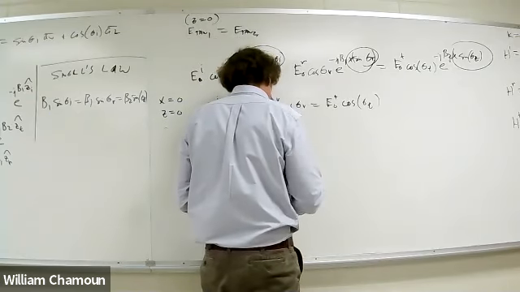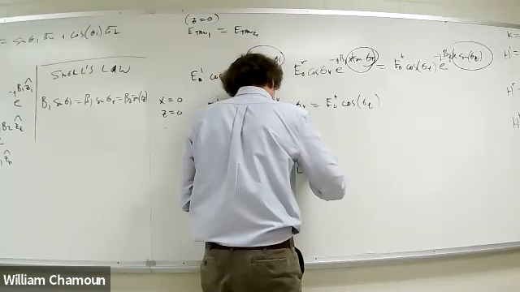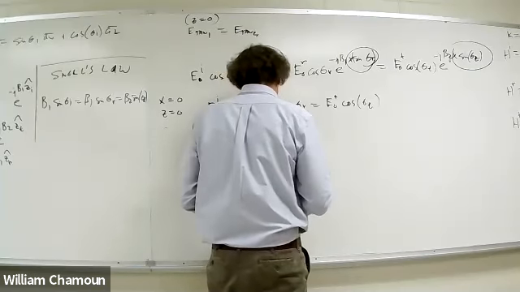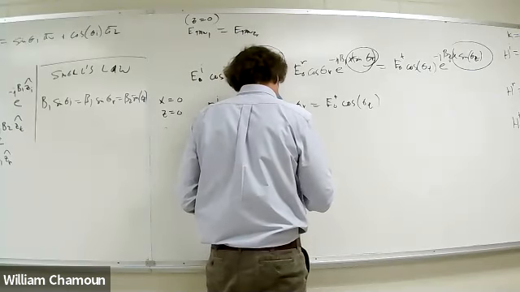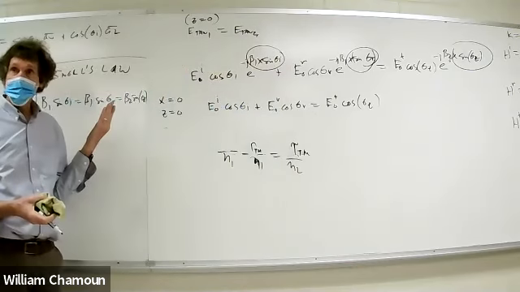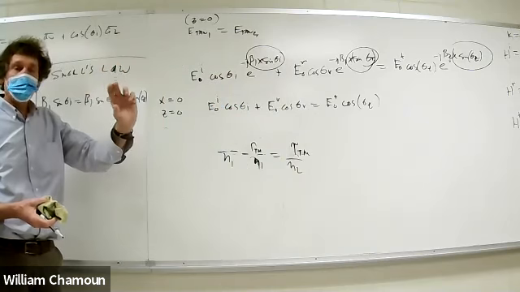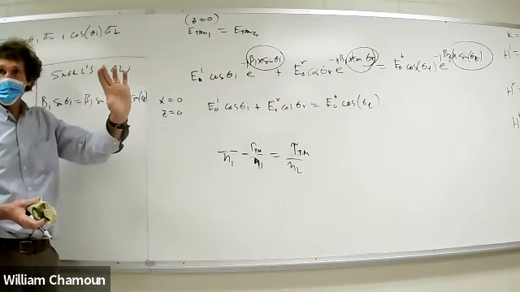I hope you can appreciate I'm trying to save you some time here. So this would be the transmission coefficient for the TM wave. I'm just dividing everything by E naught incident. E naught reflected over E naught incident is the definition of the reflection coefficient.